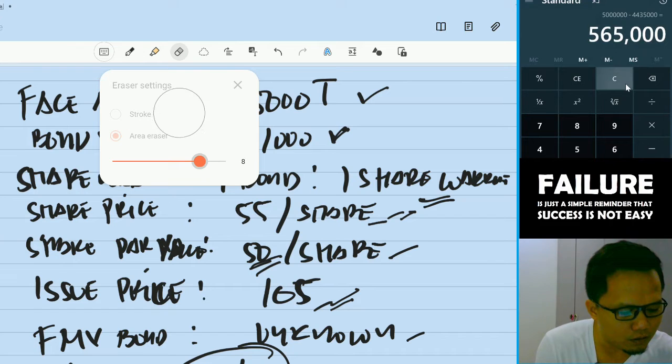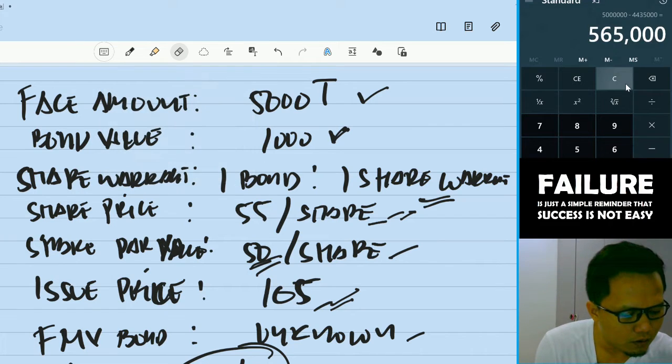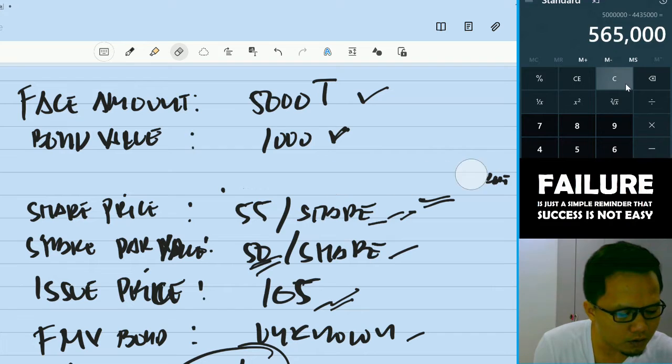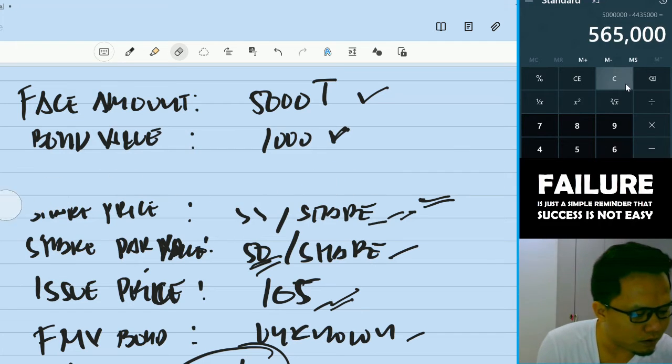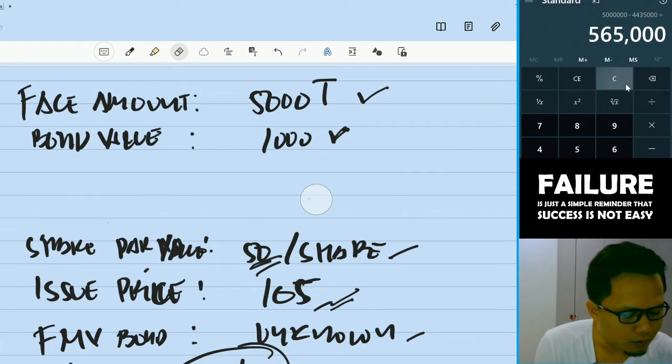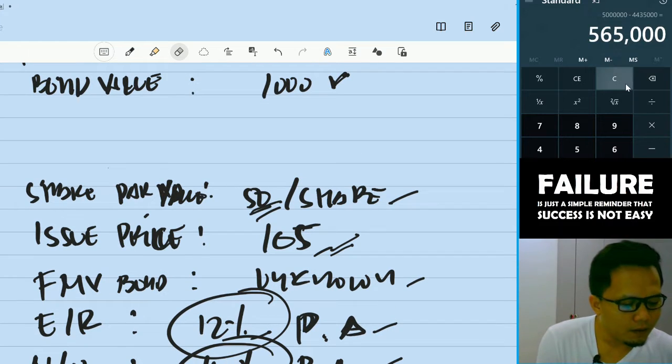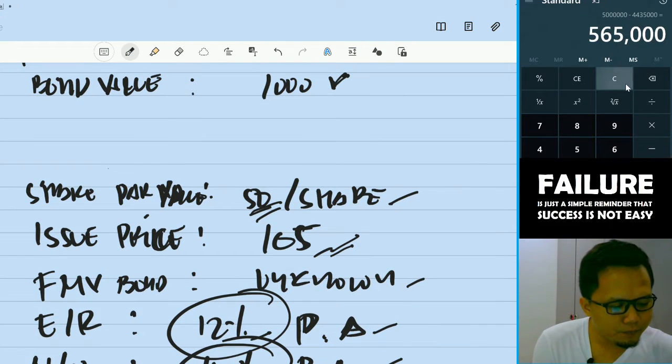Instead of share warrants, this is now a convertible bond, so there is no share price. Still, the share has a par value of 50.